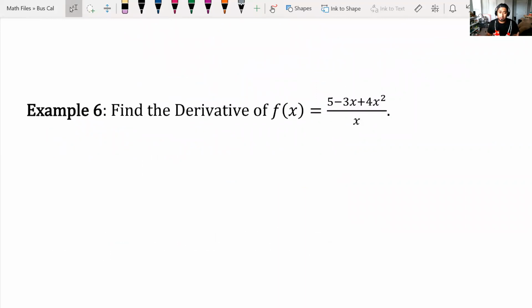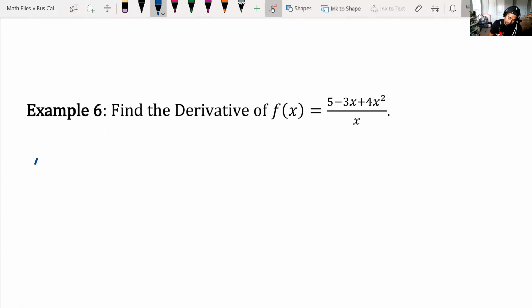One more. Same as above. We are given the derivative of 5 minus 3x plus 4x squared over x. We cannot take the derivative in that form, so we must rewrite it. So how many terms are in the numerator? There are 3 terms in the numerator over the same denominator, which means we can split this into 3 fractions.